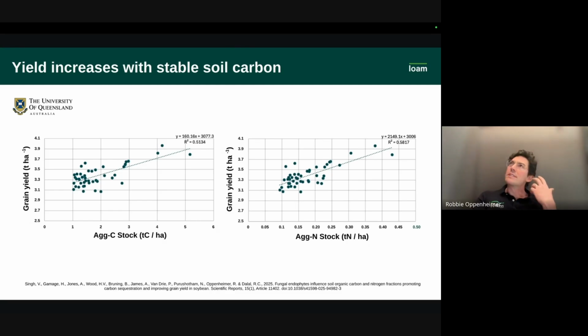And so what you'd expect if that nitrogen was being sort of locked up and was unavailable to plants, you'd expect a trend where the more nitrogen is in those pools, the less grain yield you'd got. That was actually the opposite of what they observed. The improvement in soil structure, the increased amount of nitrogen inside soil aggregates corresponded to higher grain yields, which is obviously a really exciting result.